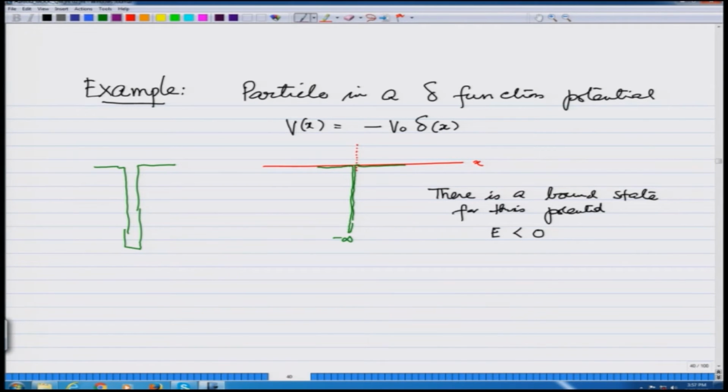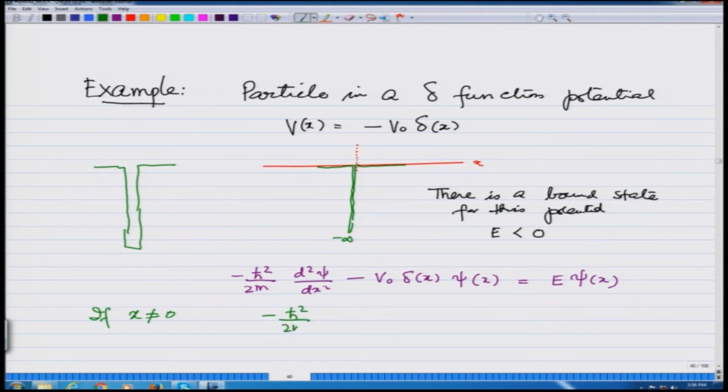So, the Schrodinger equation for this is minus h cross square over 2m d2 psi over dx square minus V0 delta x psi x equals E psi x. And what that means is that if x is not equal to 0, then I have minus h cross square over 2m d2 psi over dx square equal to E psi x, and this means minus modulus of E psi x, because E is less than 0.